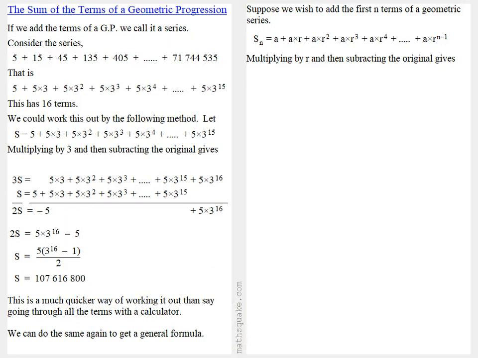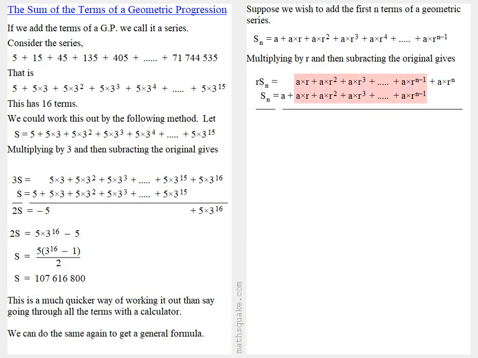This gives us r times Sn is equal to ar + ar² + ar³ up to ar^(n−1) + ar^n. And underneath we write Sn is equal to a + ar + ar² up to ar^(n−1).